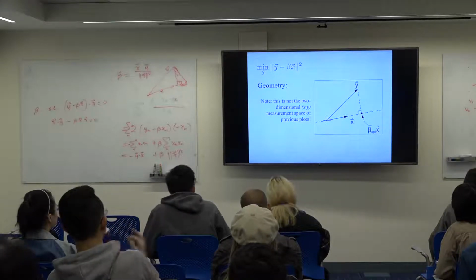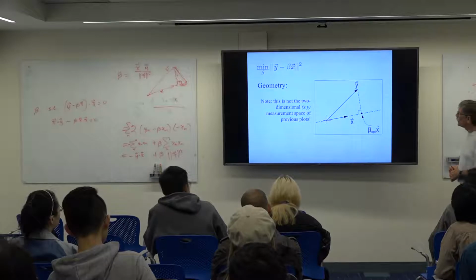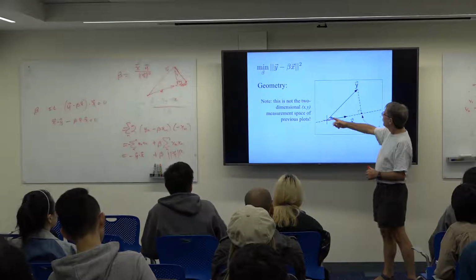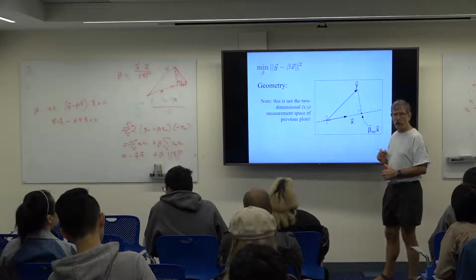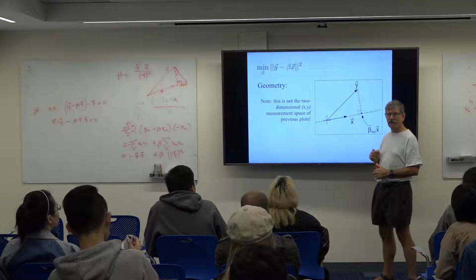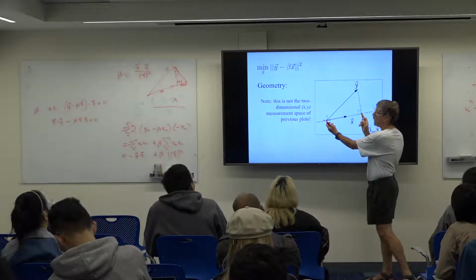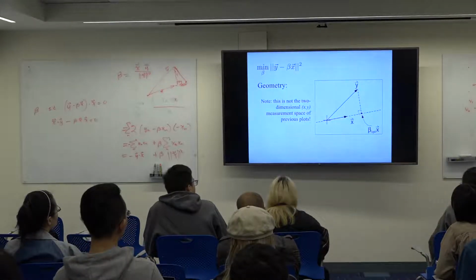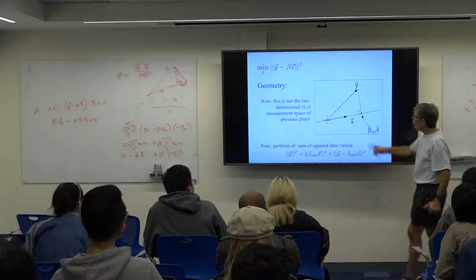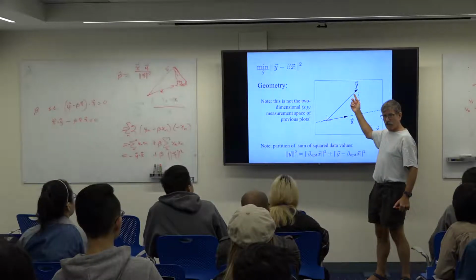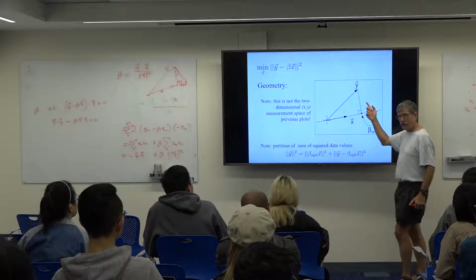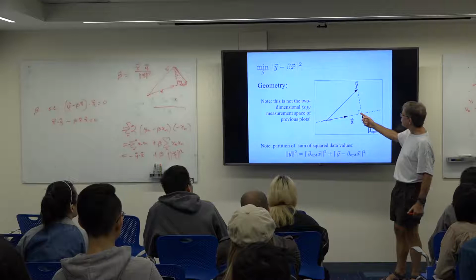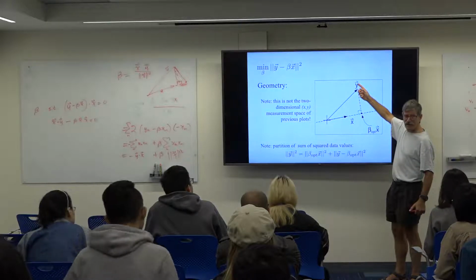Now, no matter what we do, we end up with this triangle, which takes the amount of y that we had and splits it up into 2 pieces. The amount of y that we account for and the amount of y that we don't account for. So that's written right here. Y has a length, or a squared length, right? And Pythagorean theorem says that the squared length of this hypotenuse is the squared length of this leg plus the squared length of this leg.